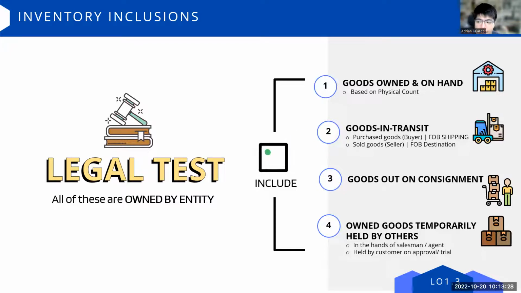For goods in transit, again, we like FOB shipping point, right? When you're purchasing, so from the point of view of the buyer and it's a shipping point, technically, while it's in transit, it's already yours. So for shipping point, it's included. If you sold the goods, so from the point of view of the seller, and it's a destination point, while in transit, technically it's still yours, and therefore it should still be included.